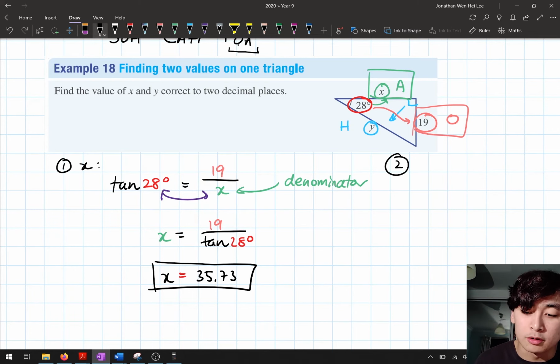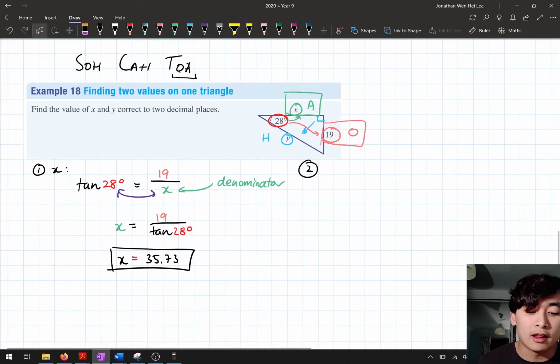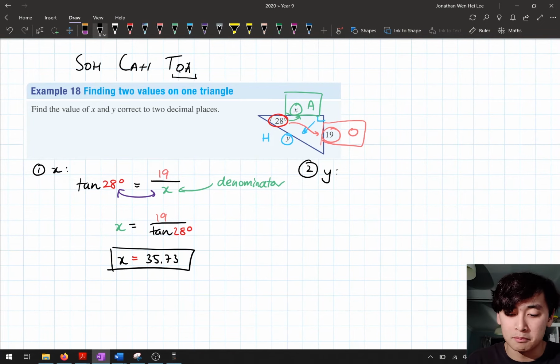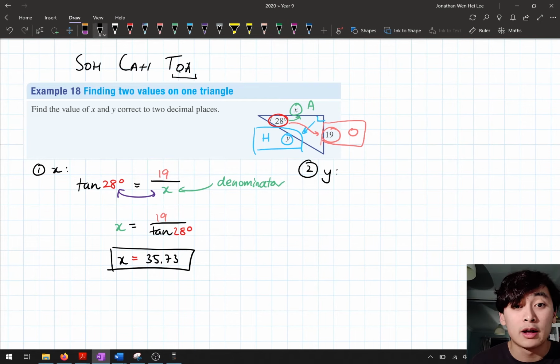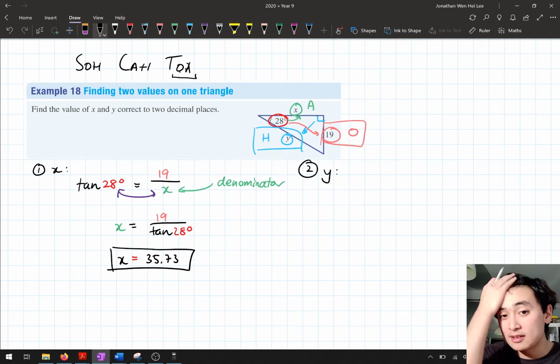Okay, part 2. I want to find the value for y. I can do the exact same thing as before, but instead of dealing with A this time, I can deal with O and H. So let's write a trig equation. I've got my side that I know. My O is my 19, and my H is my y side, my missing side.